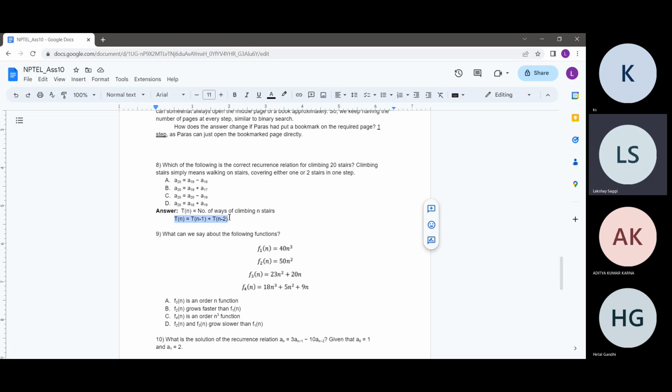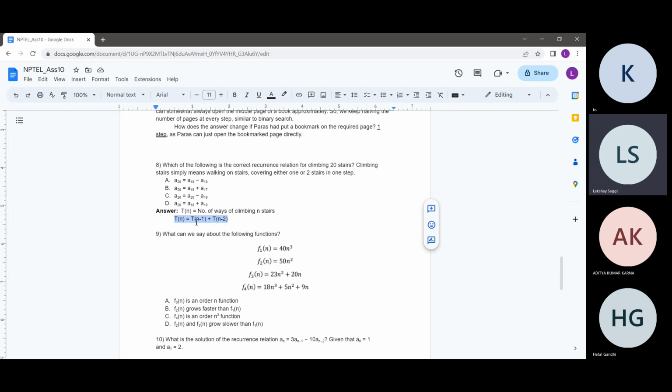This has already been discussed, but I'll discuss it again. Why does this occur? Because for climbing the n stairs, I'm at the bottommost stair. First of all, I can either climb one stair, or I can climb two stairs in the first step, right? These are two disjoint cases, as these are the only two possible cases.